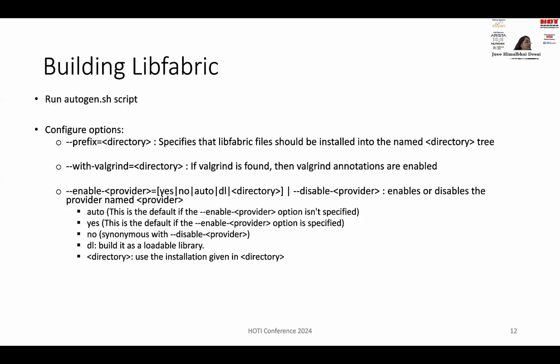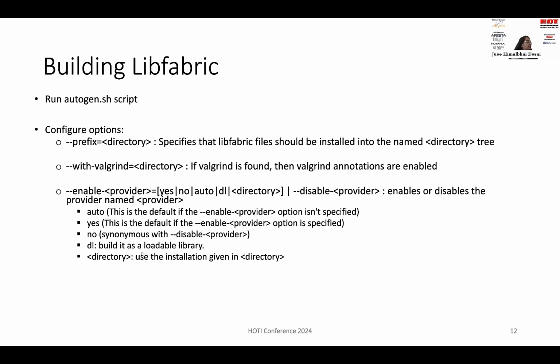So auto is that option where you don't say enable provider, it will automatically enable it. Yes is specific. So if you want to enable a provider specifically, then you have to say yes. And if you don't want to build a specific provider, then you say no.